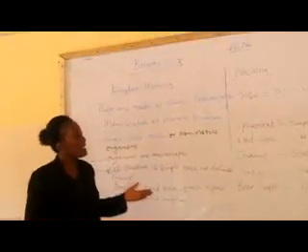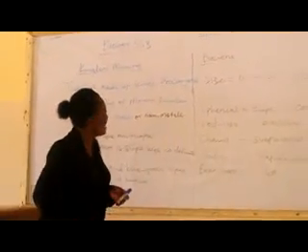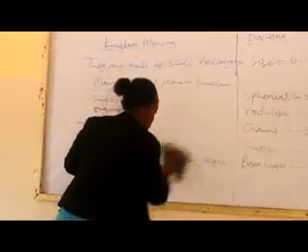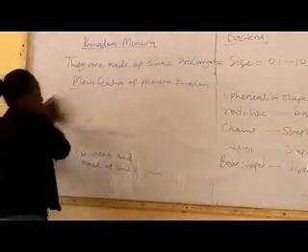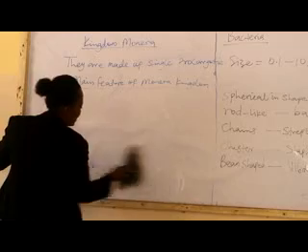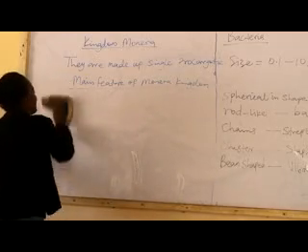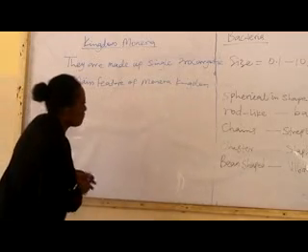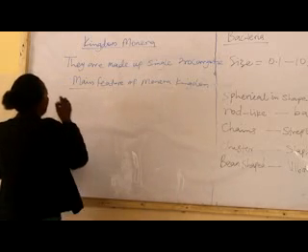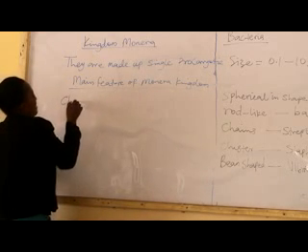Then we have types of bacteria. Some bacteria are photosynthetic. That is, they make their own food. These are examples of the ones that live in the soil. We have chemosynthetic bacteria.